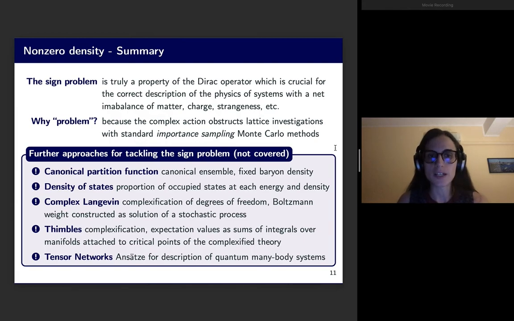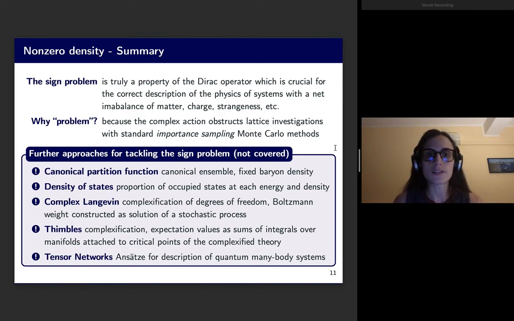Starting from the canonical partition function, which is in a canonical ensemble set up at fixed baryon density. And then there is density of states, where the method revolves around this object, the density of states, that gives you the proportion of occupied states at each given energy and density.